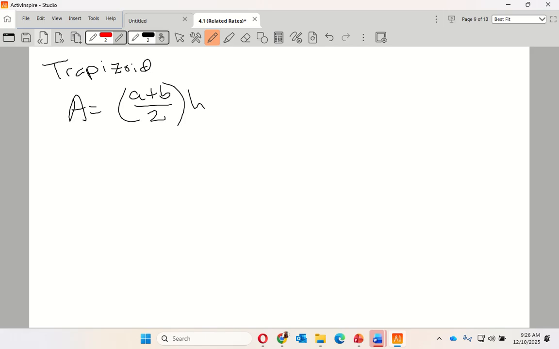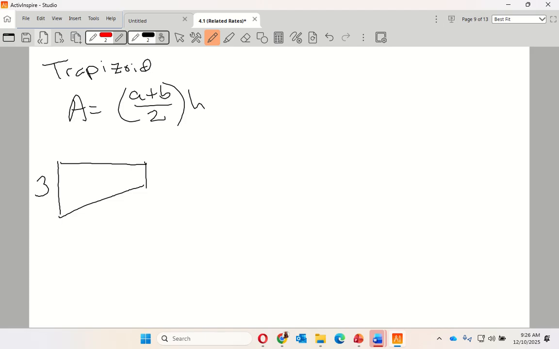So from my trapezoid, I am going to draw the trapezoid again. This is a trapezoid here. What was this down here on the left-hand side? It was 3, right? This is 3.